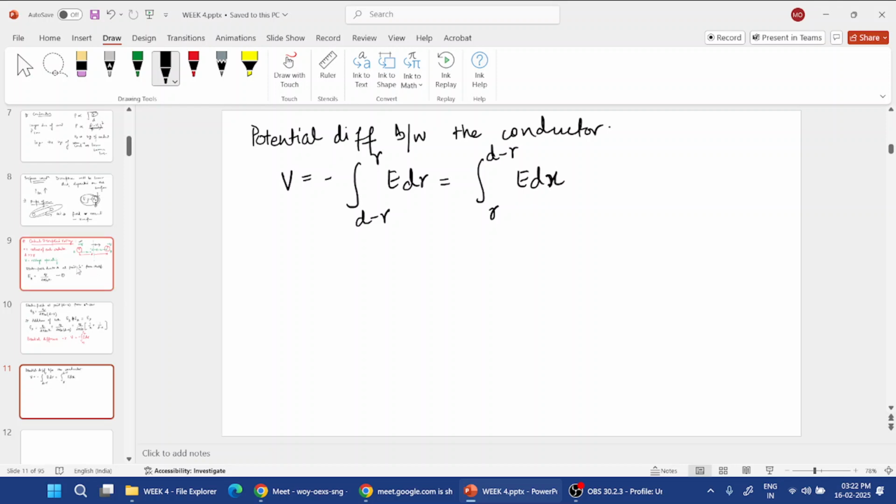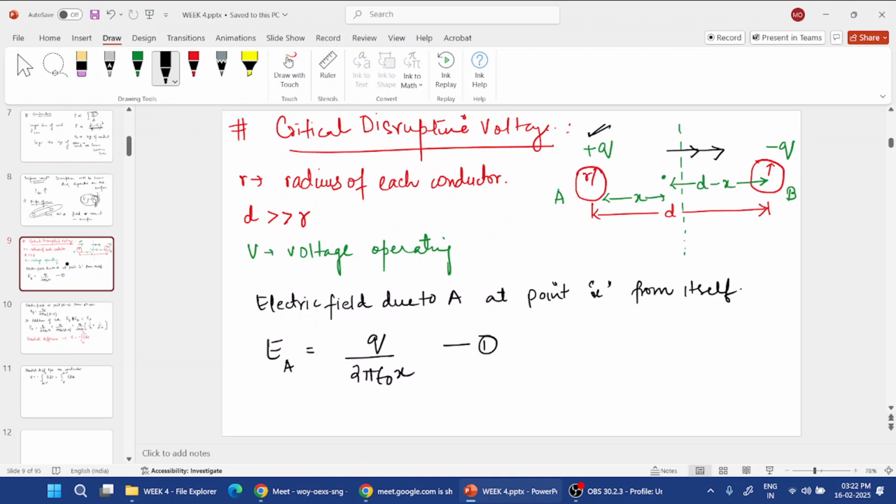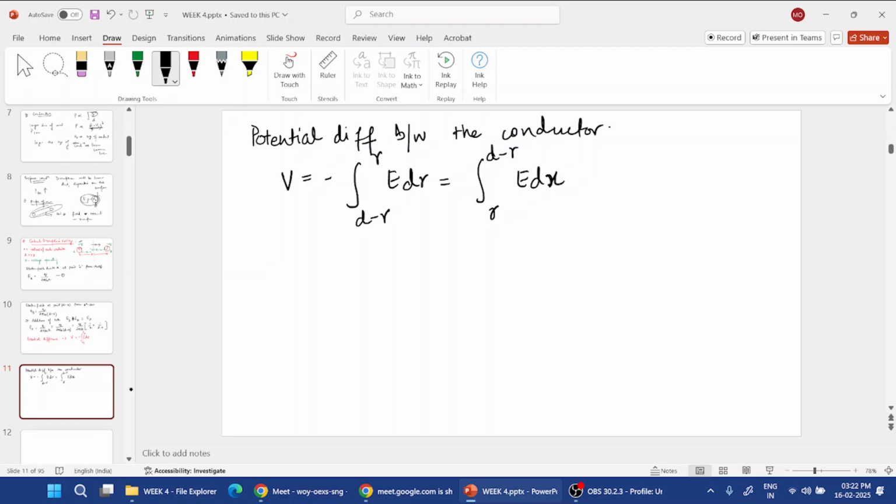So from where to where are we going to integrate? From this point to this point, we are going to calculate the potential difference.